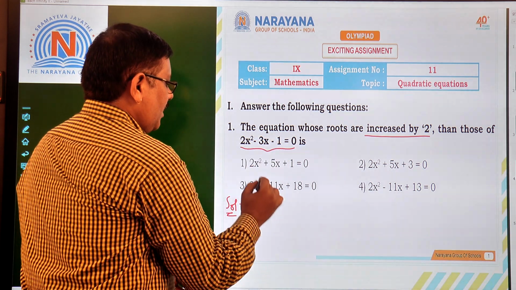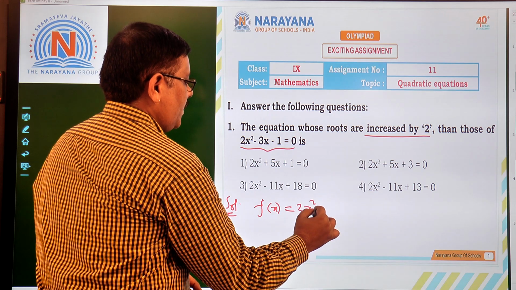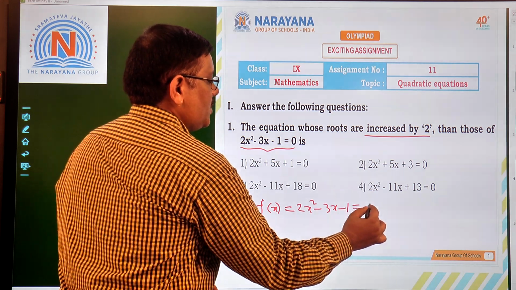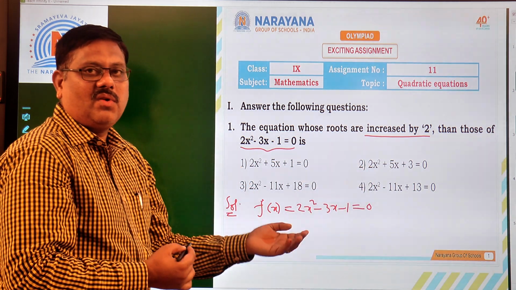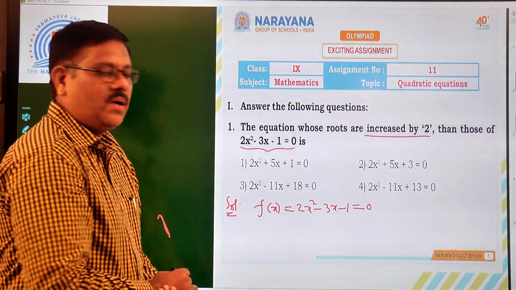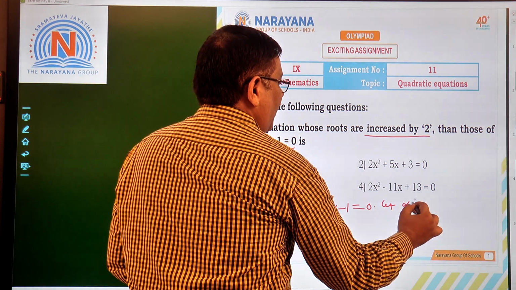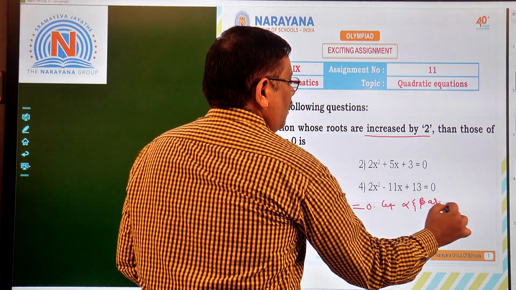We are given, let us call it as f(x). f(x) is equal to 2x square minus 3x minus 1 is equal to 0. Let us take the given quadratic as f(x), that is 2x square minus 3x minus 1 is 0. Okay, now let alpha and beta be roots of it.